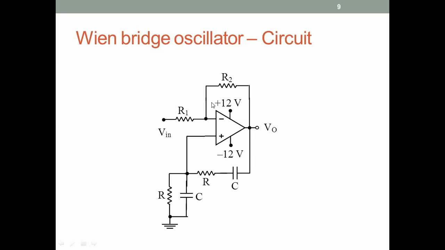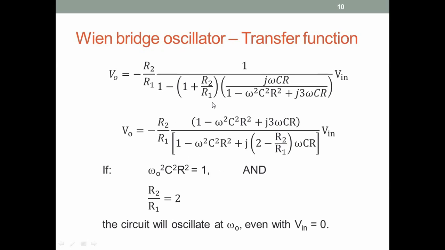Of course, this is just to understand the transfer function. We're not going to use it. So here is the transfer function. You can see that it is written in the form something divided by 1 minus A beta. This is a beta of the transfer function, and this is the A, which is the gain.